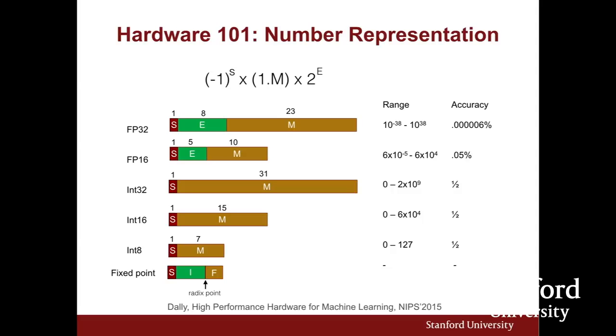For example, FP32 means using 32 bits to represent the floating point number. There are 3 components in the representation: the sign bit, the exponent bits, and the mantissa. And the number it represents is (-1)^s times 1.m times 2 to the exponent.